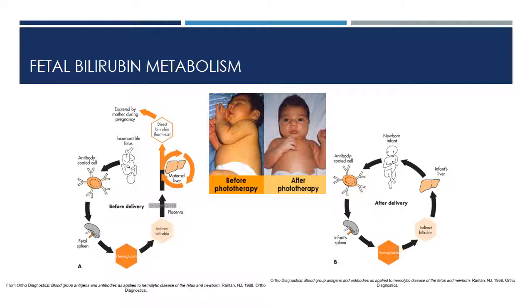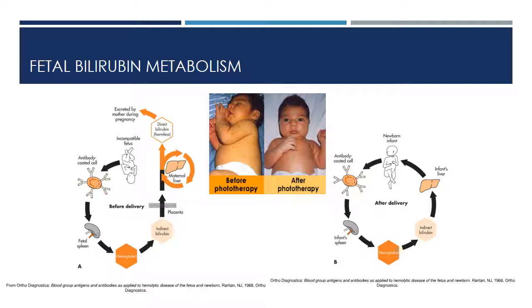But with an infant who has an increased production of bilirubin because they have red cell lysis, you can see that the real problem is that their liver may not catch up in time to really alter the effects of all that bilirubin in the skin. And if you look at the infant on the left where it says before phototherapy, you can see all the bilirubin deposits, the same kid, all the bilirubin deposited in their skin.